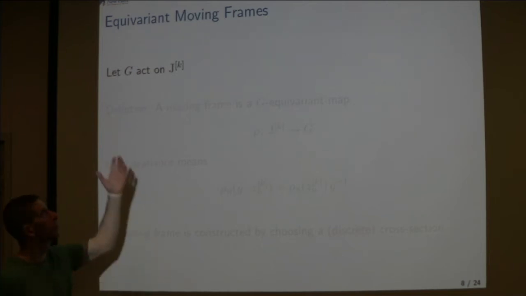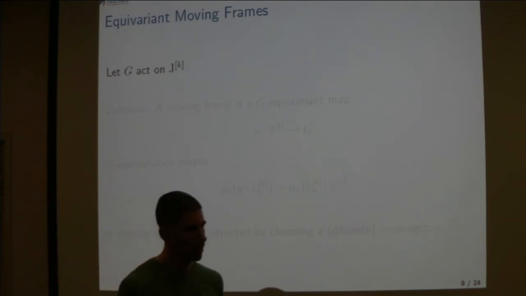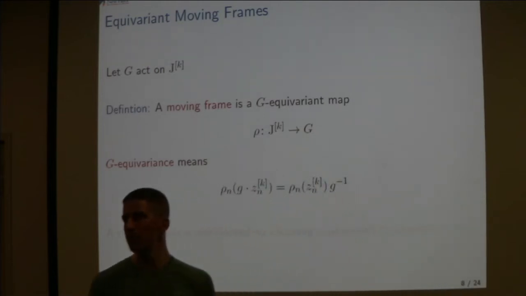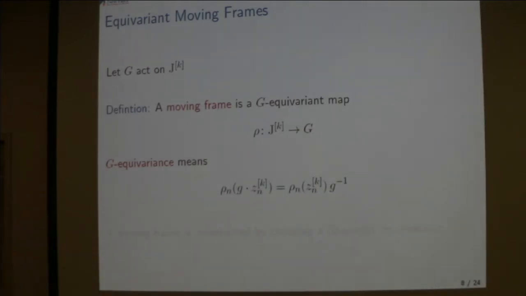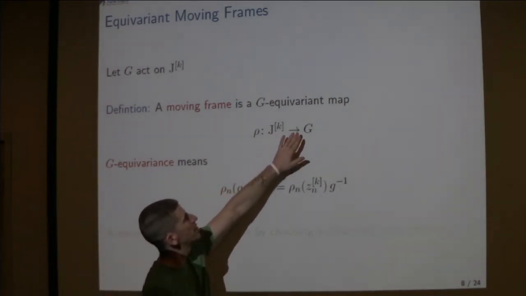This is just a group G which acts on a collection of points. Think about it like that. And whenever we have this, we can define a moving frame. Here, a moving frame will be a G-equivariant map from the discrete jet space into the group.